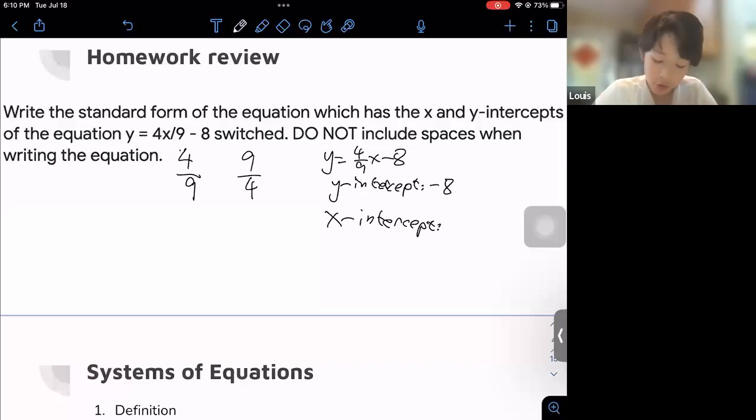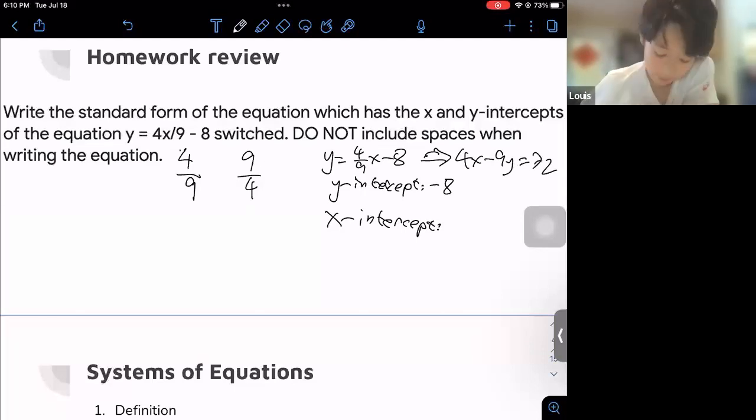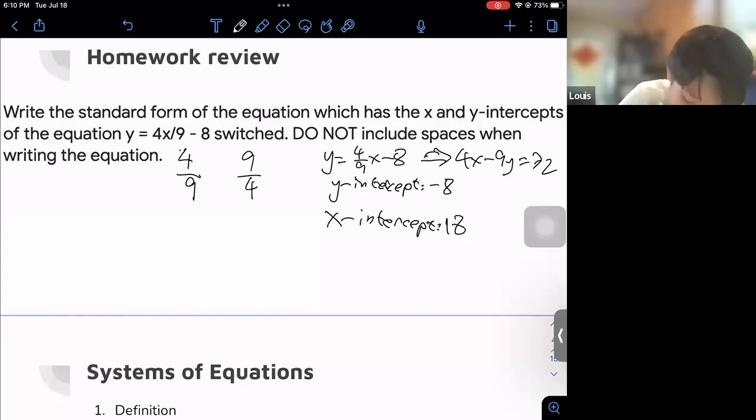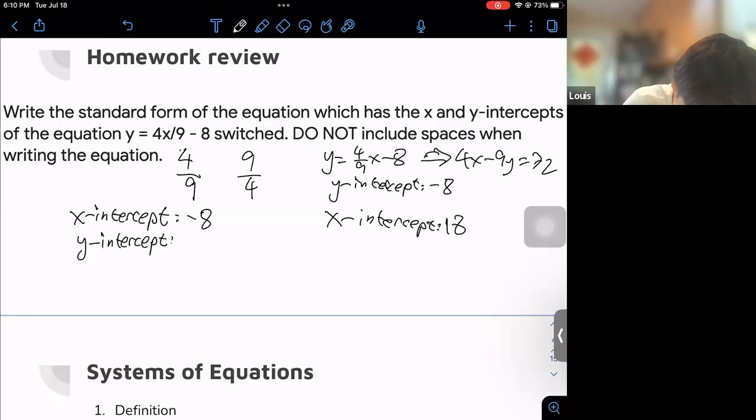if we convert this into standard form, we would have 4x minus 9y equals 72. So the x-intercept would be equal to 72/4, which is 18. So for the new one, we have that the x-intercept is -8 and the y-intercept is 18.